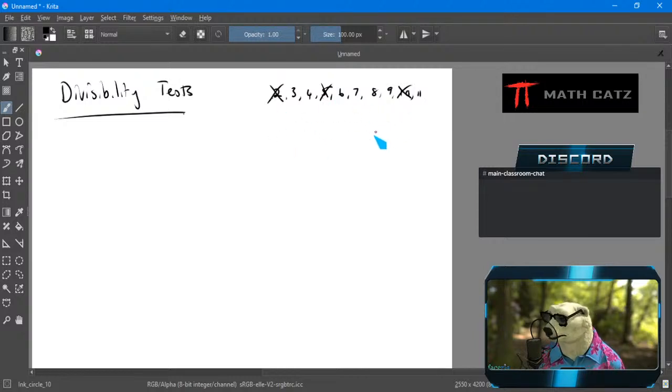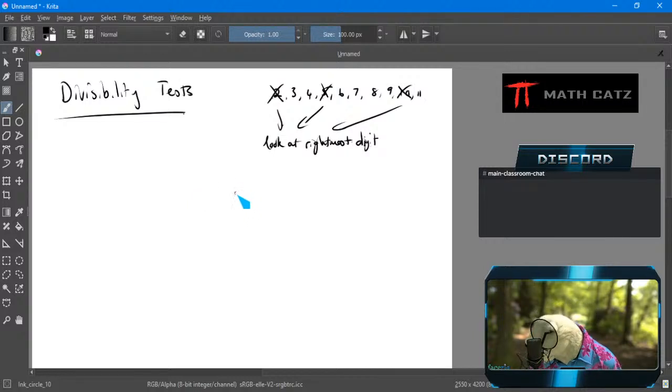So 2, 5, and 10 all have similar tests in that I look at the last, or rightmost, digit in my number, meaning the number can be extremely large. Only that very last digit, only the ones digit, decides if my number is using a 2, a 5, or a 10 in its building blocks, multiplicatively speaking.